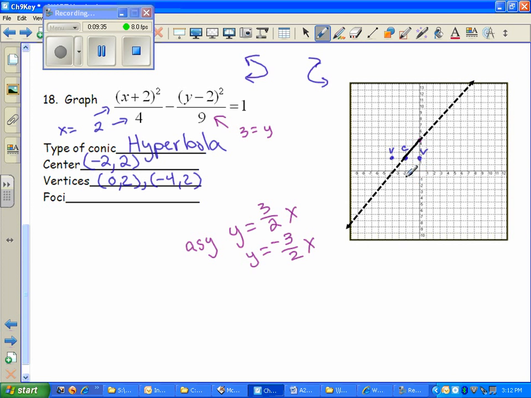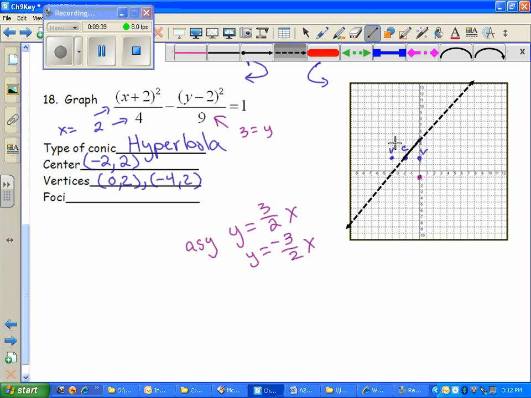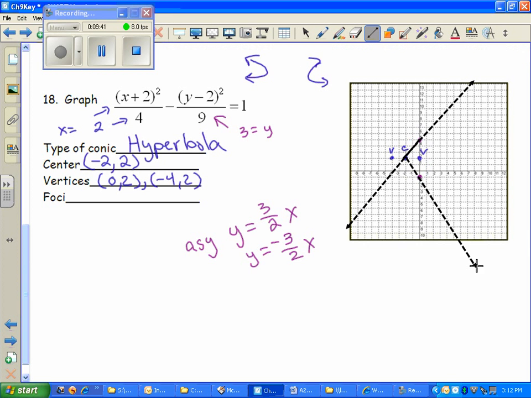So down 3 and always go to the right. And that was 2 to the right. And then I'm going to connect with the center again for that asymptote. I'm going to draw in the curves so that I feel like I'm almost done before I get my foci here.